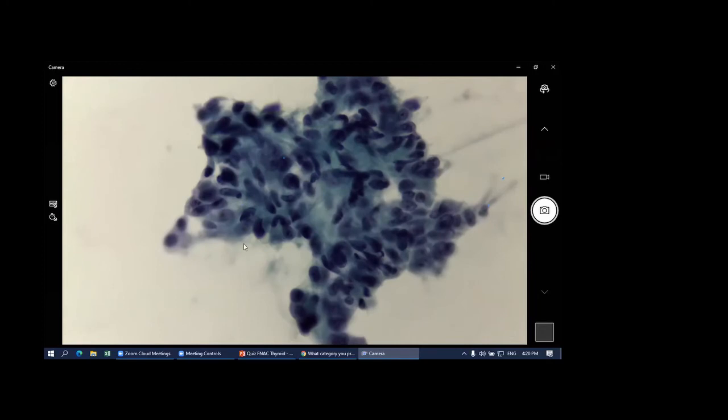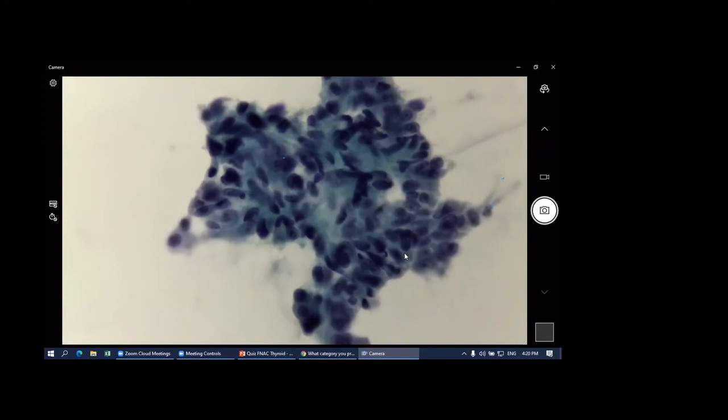The thing that I want you to look at a bit more is, can you see the prominent nucleoli there? And the cells are more spindle shaped rather than follicular looking cells. Can you appreciate that? And it's a bit more pleomorphic than usual. I mean, it's not just a little bit more, it is actually pleomorphic.